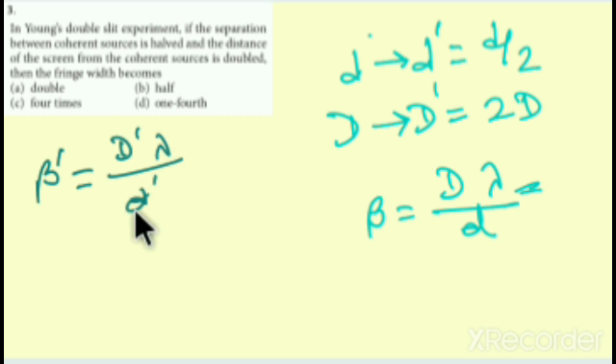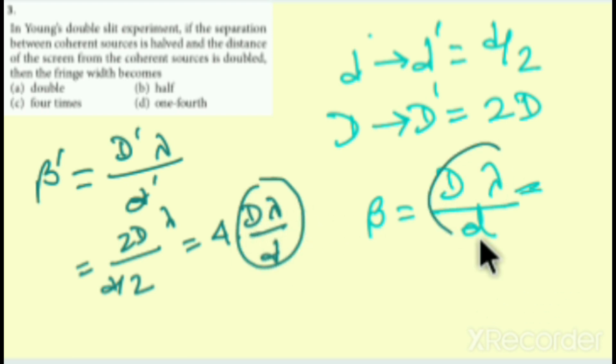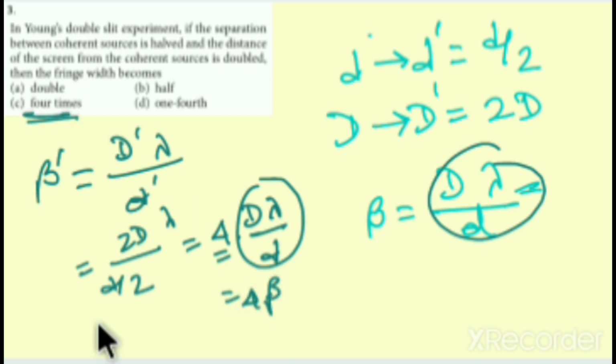The lambda is unchanged here, so it will be 2D lambda divided by d by 2, and this will result in 4 times D lambda by d. So this is greater by 4 times, so it will be 4 beta. It will increase 4 times. So option C will be our correct answer.